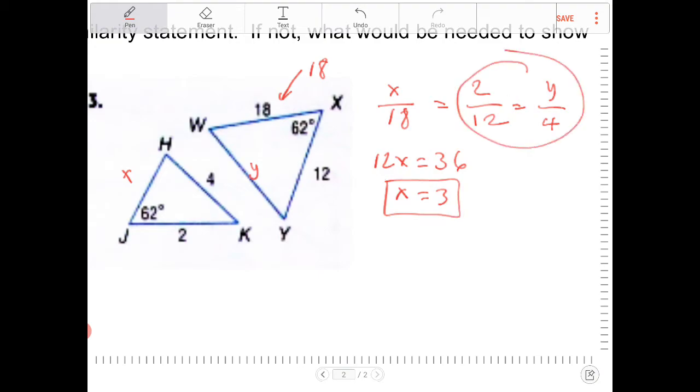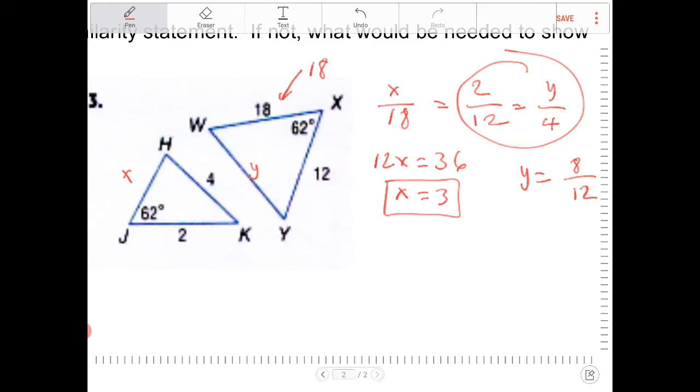And then if I cross multiply with this guy, y to 4 is to 2 to 12.